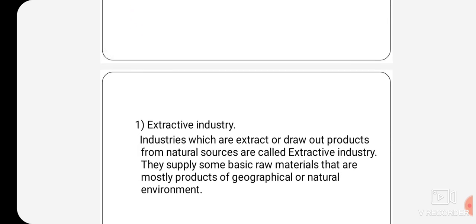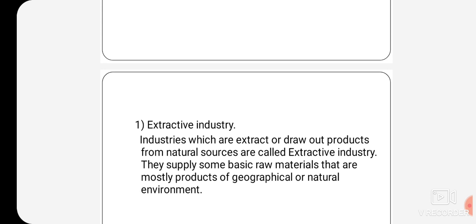That is about extractive industries. So industries which extract or draw products from natural sources are called extractive industries. These supply some basic raw materials that are mostly products of the geographical or natural environment.